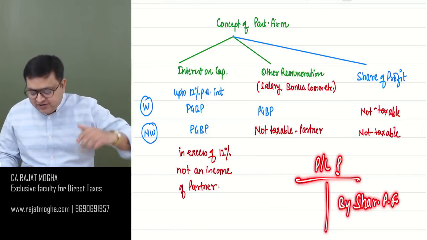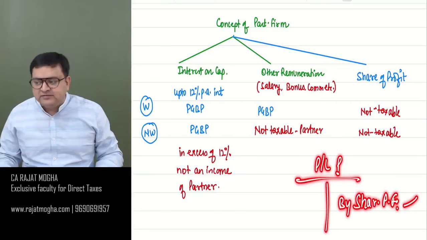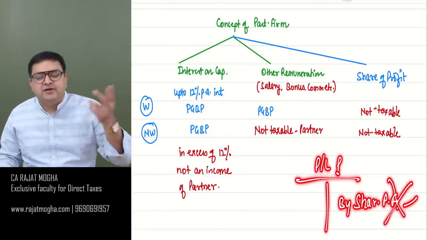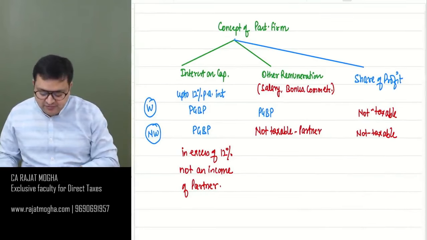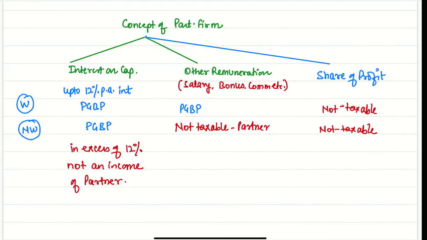She has received share of the partnership firm, whatever the amount is. Please delete it from here, and where you will take it, nowhere, because it is not an income. Have you understood this or not? Good.